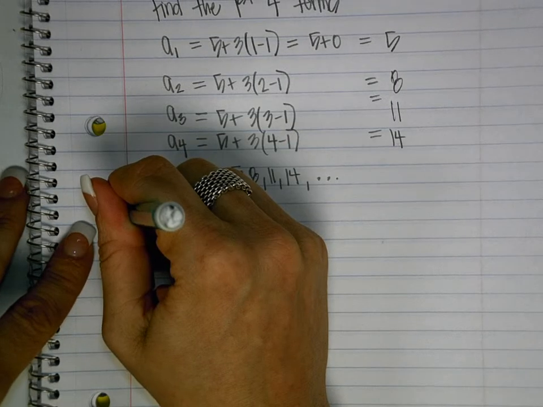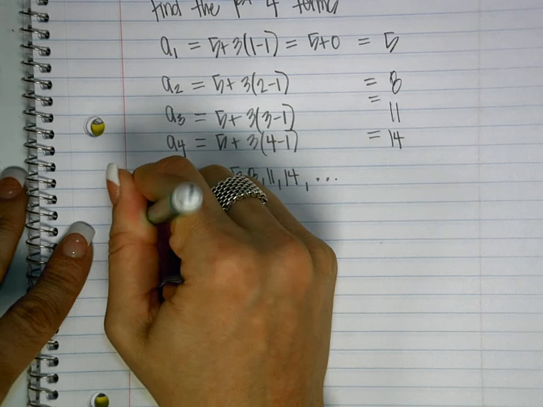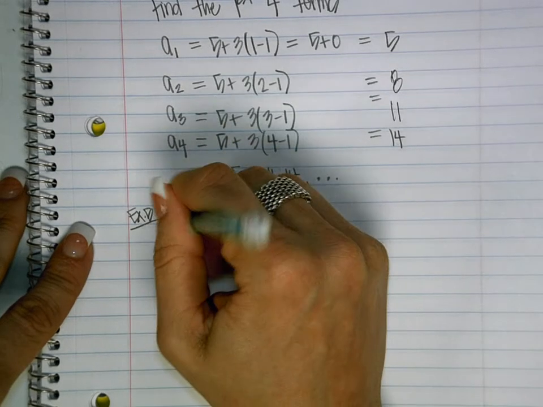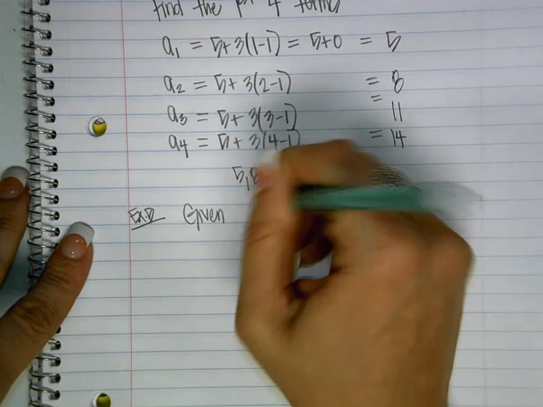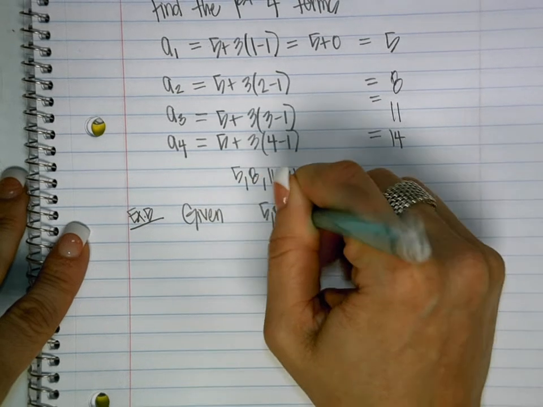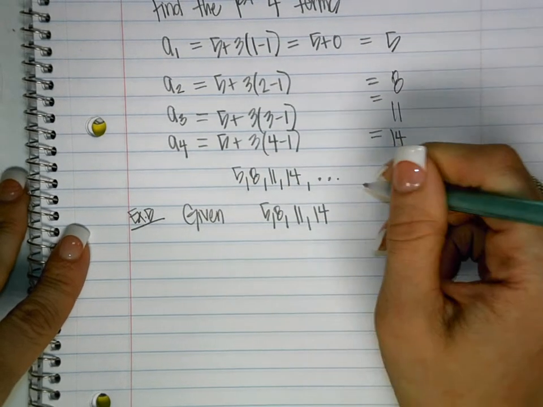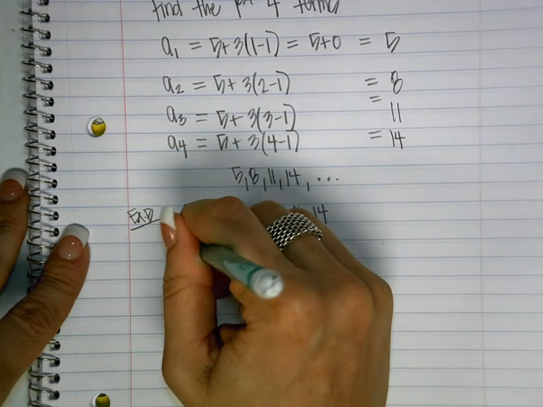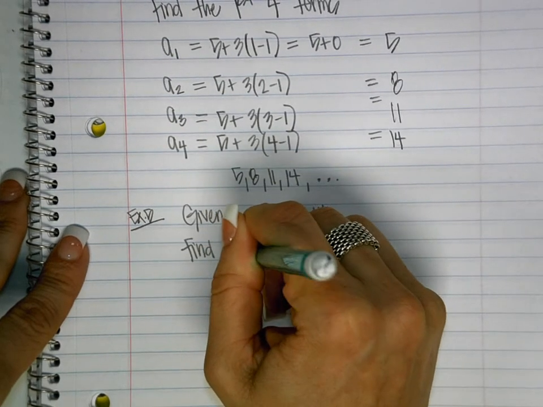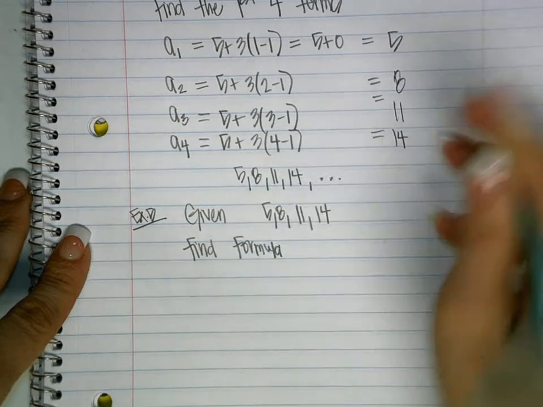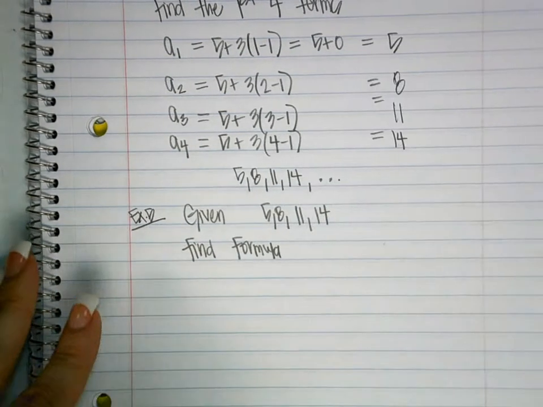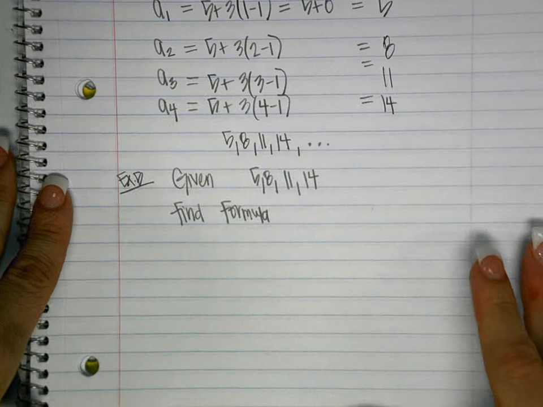Now if I ask you to go backwards, for number 5, given the sequence 5, 8, 11, and 14, find the formula. We already know what the formula was, so we're going to be able to check our work, but I'm going to teach you how to go backwards.